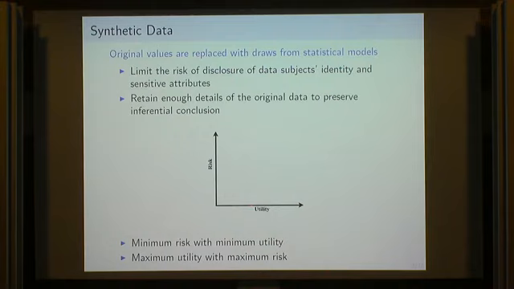If you want to maximize the utility, this comes with the maximum chance of disclosure of a subject's identity. So we need some balancing, compensating either the utility or the risk or both. That was the problem.